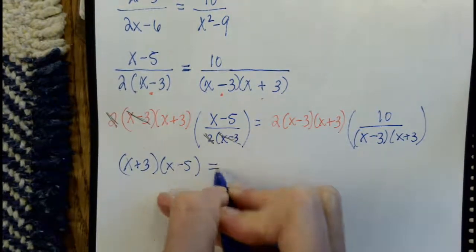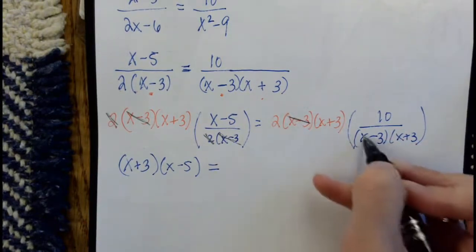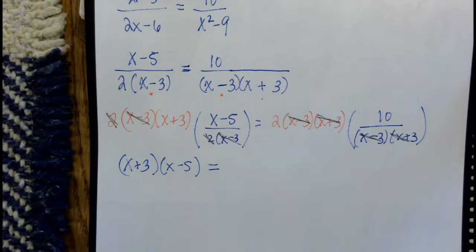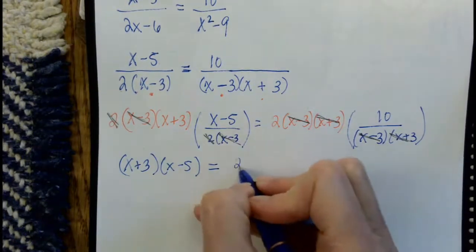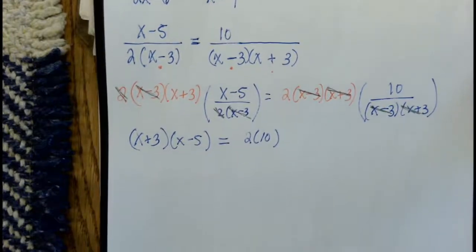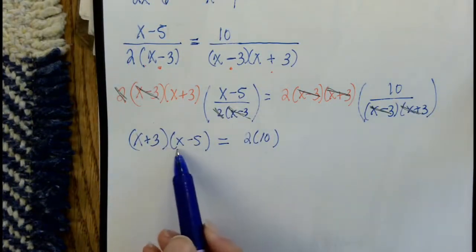No more fraction on that side, and that's what we're trying to do. On the right side, we've got an x minus 3 and an x plus 3. So what we're left with is 2 times 10. So that worked out. Let's multiply these two out.